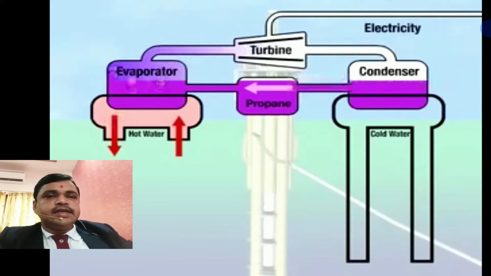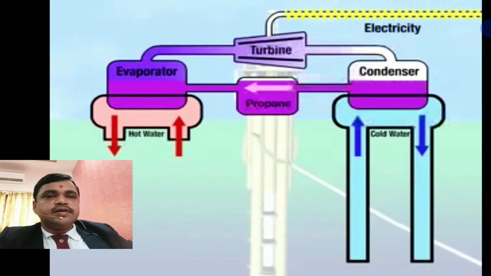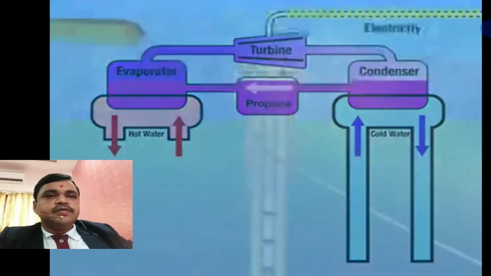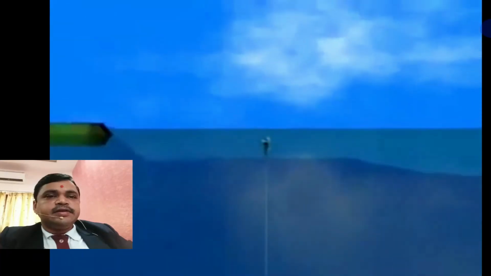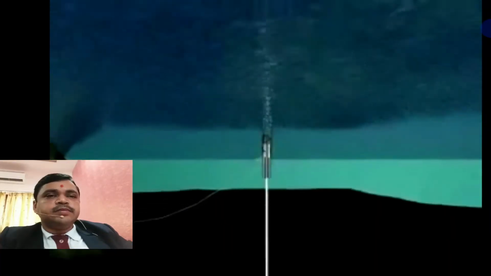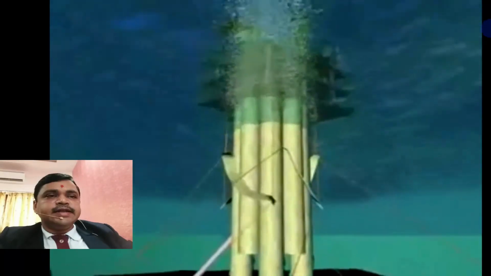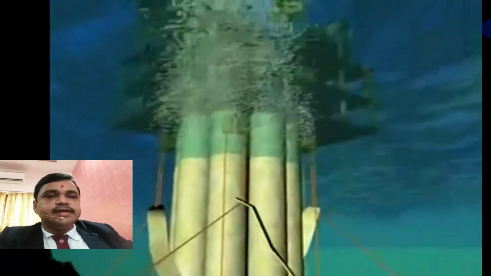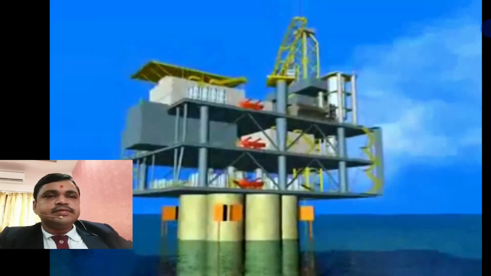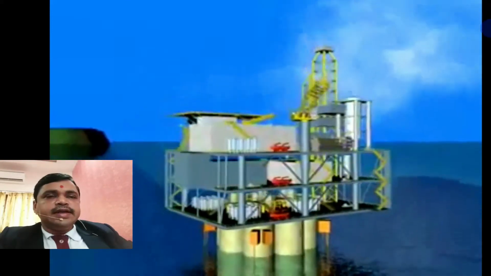We discuss the Rankine cycle. These are heated and converted into flash steam which is used in the turbine. The turbine moves and converts it into mechanical energy and we get electricity.